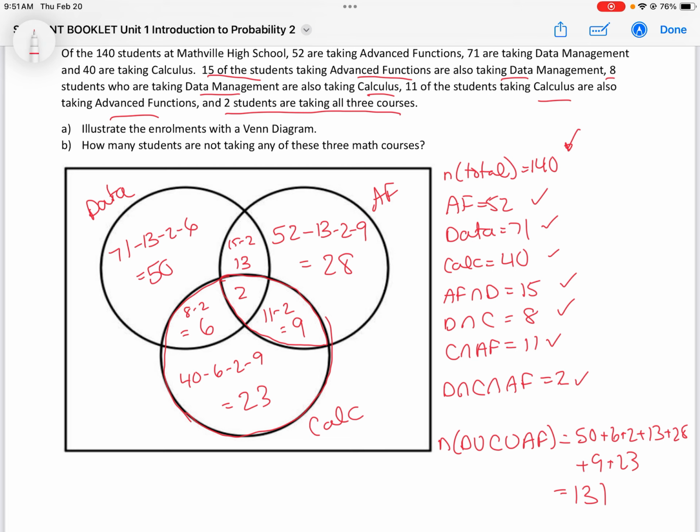Okay. What that means is that our universal set has 140 in it. But these 3 circles only have 131. So if you just simply think 140 minus the 131, we have 9 individuals not taking any of the math courses. So for B, the answer is 9.